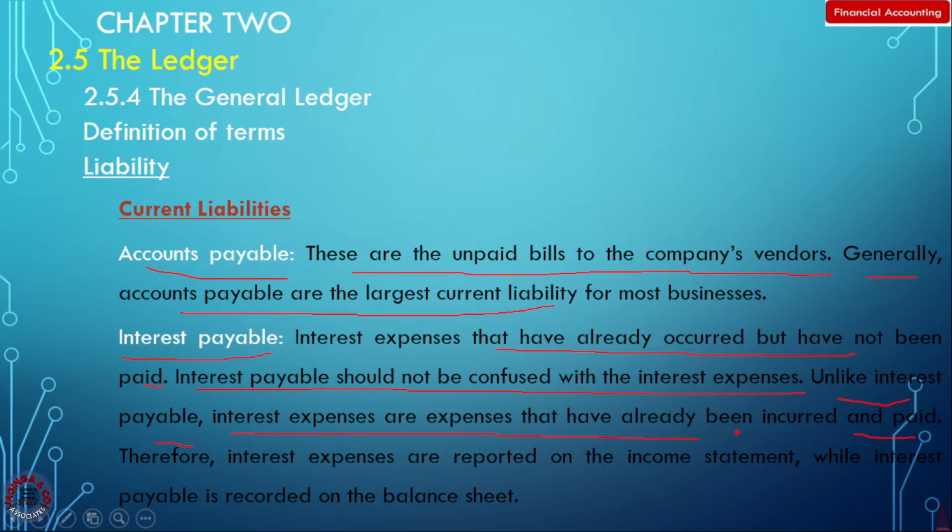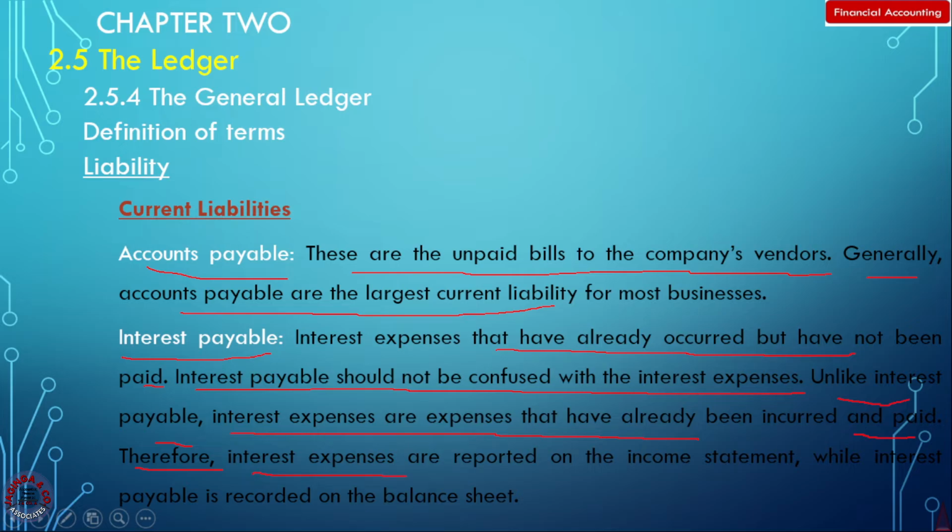When you accrue it, it means that you are only recognizing the interest element in your books, but the payment you'll do at a later date. So we call it interest accrued. So the interest expenses are expenses that have already been incurred and paid.